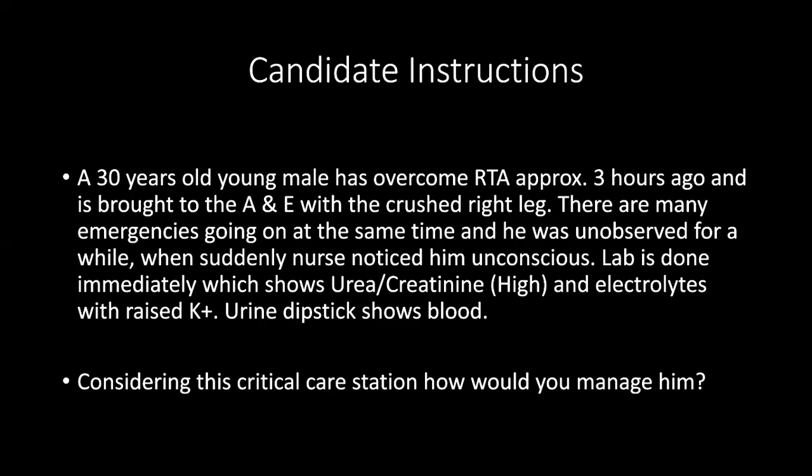So, rehydrating the patient and giving a diuretic after the rehydration helps in preventing cast formation in the renal tubules. And alkalinizing the urine also helps to prevent myoglobin cast formation, which causes damage to the renal tubules.